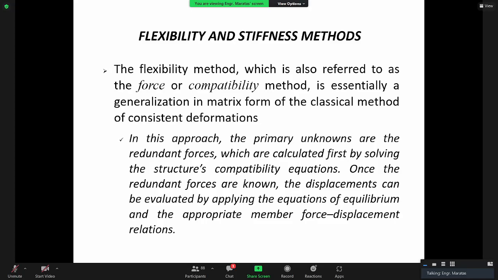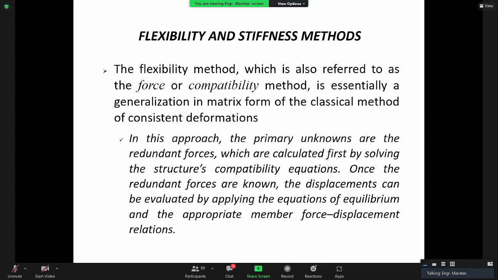That is the flexibility method. In this approach, the primary unknowns are the redundant forces, which are calculated first by solving the structure's compatibility equations. Once the redundant forces are known, that's the time we evaluate the displacements.